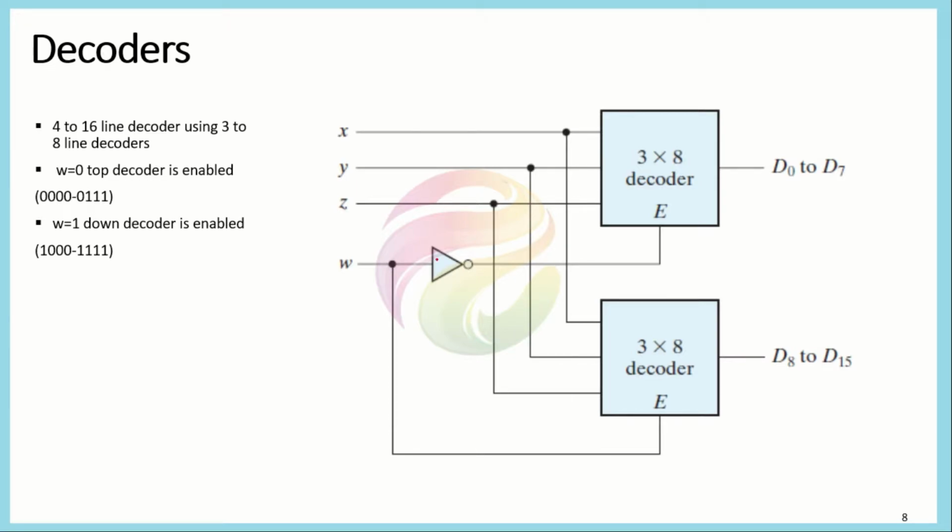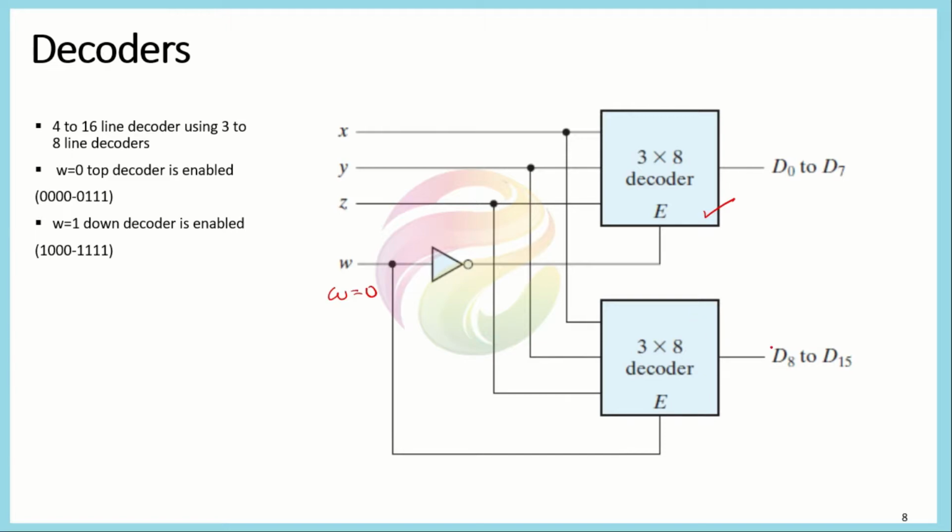What we do here is we add an enable pin into both of these blocks, and for the enable pin, the complemented form of W goes to the upper decoder, while the uncomplemented form goes to the lower decoder. When W is equal to 0, the top decoder is enabled, while this one is disabled at that time.